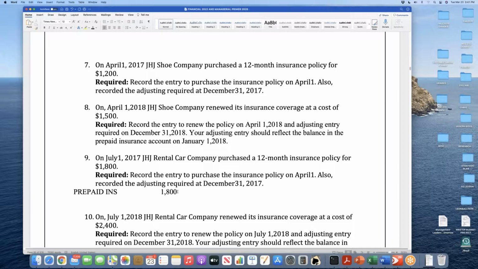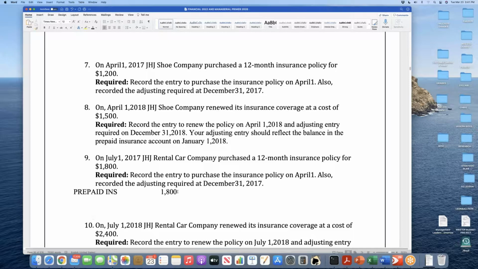And you're going to credit what? Cash. For how much? For $1,800. Pay all your cash.